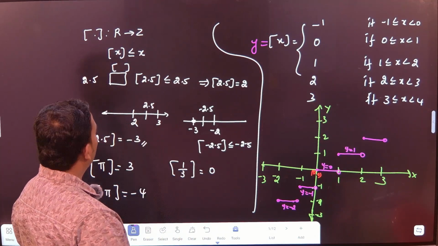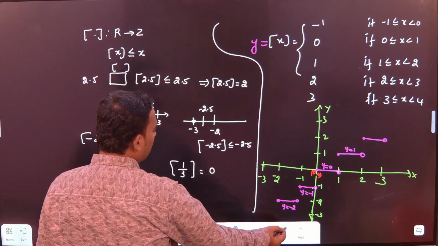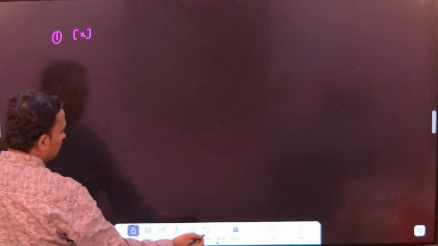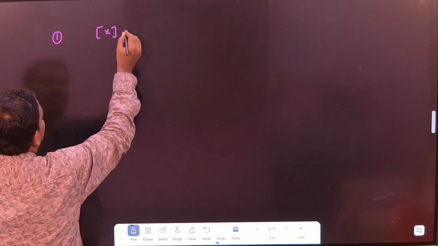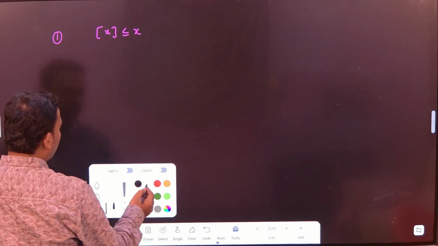Then how to understand these properties? We'll discuss the properties first, right? So the first property: the greatest integer function, by definition, is always less than or equal to x, but it should be more than x minus 1.